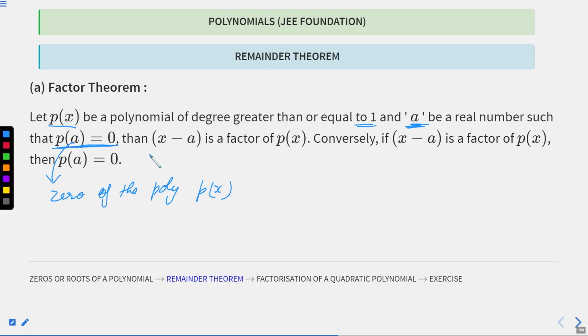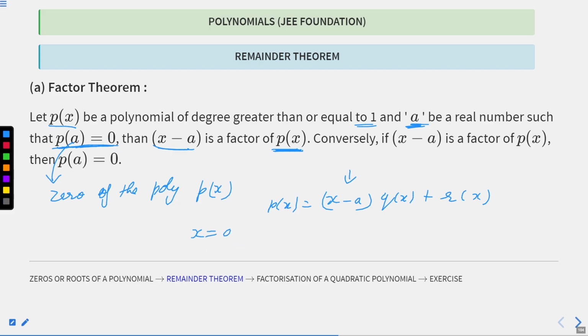And there's another way to say that, which is that x minus a is a factor of p(x), because if you see from the remainder theorem, we know p(x) is equal to divisor times some quotient plus remainder, and we know p(a) is 0.